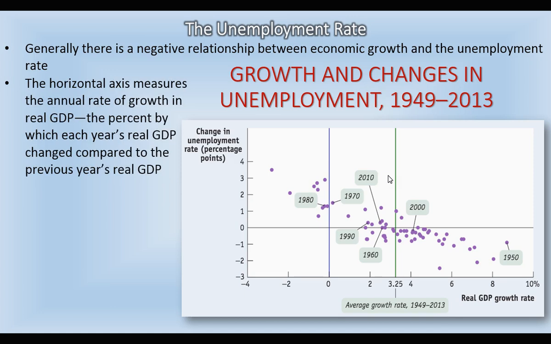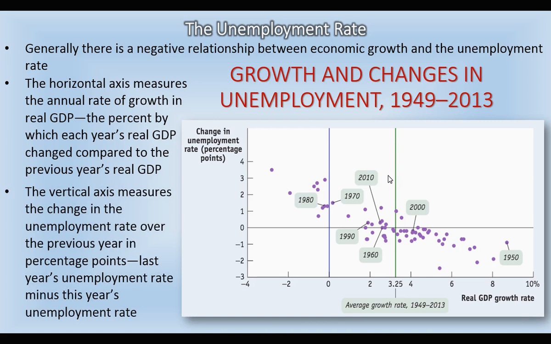So here on the horizontal axis, we have the annual growth rate of real GDP, the percent by which each year's real GDP changed compared to the previous year's real GDP. And the vertical axis measures the change in the unemployment rate over the previous year in percentage points. So last year's unemployment rate minus this year's unemployment rate.